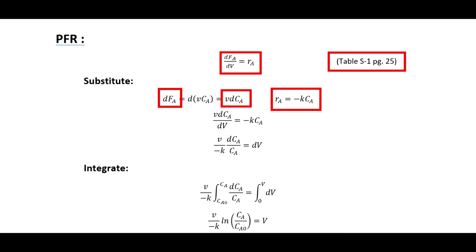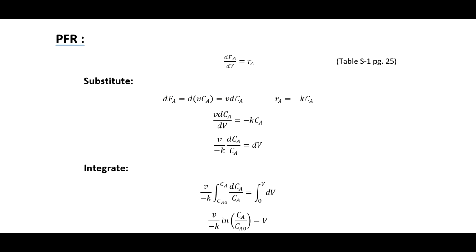Additionally, we have the reaction rate given for this problem, and we're going to substitute that in as well. Once we substitute those in, we get the equation v dC sub A over dV is equal to negative k C sub A. Once we move this around a little bit, we get it in a much nicer form for integration, having dC sub A over C sub A and dV both isolated for integration.